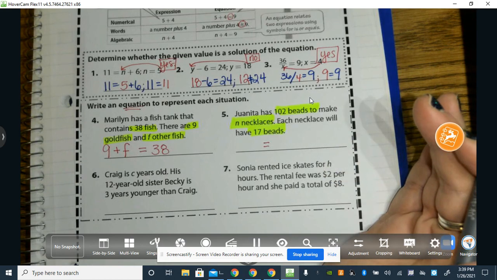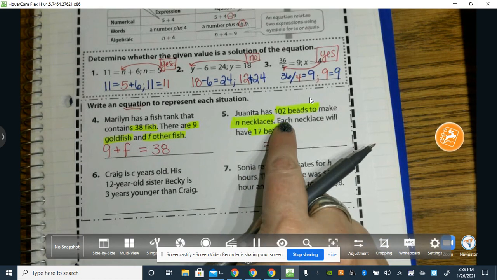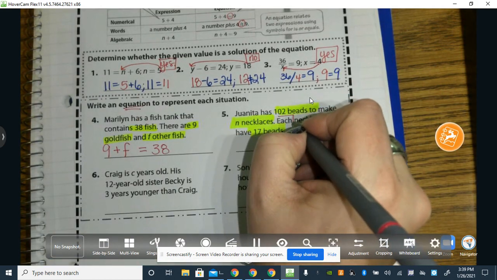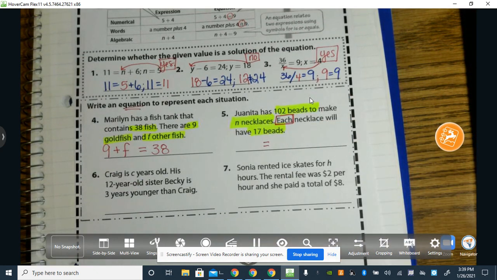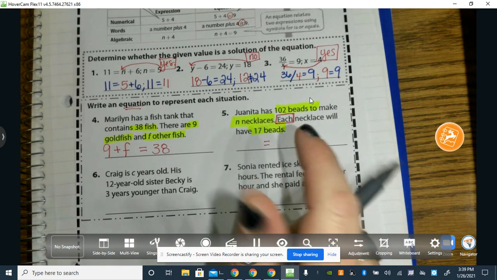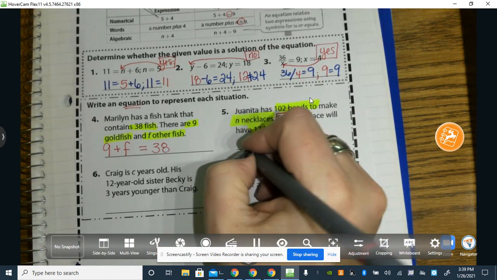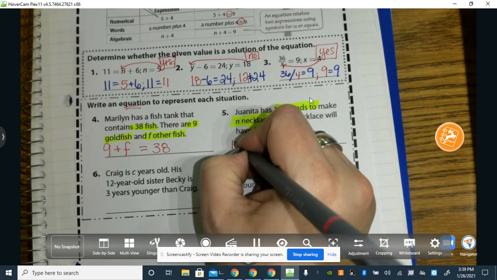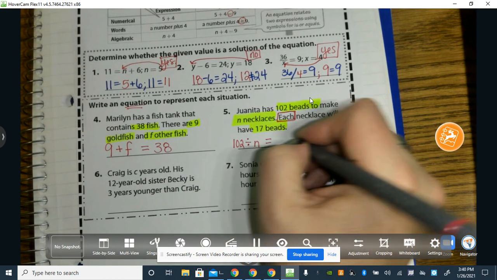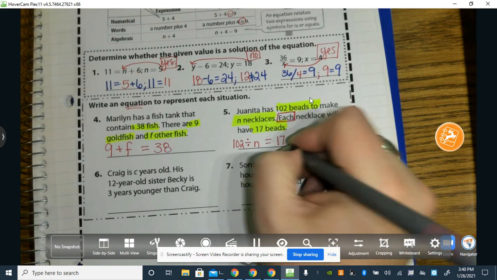I'm going to do this 2 ways because the key word here is each. And if you know this, each means multiplication or division. So I can think of it first as a division problem: 102 divided by n is equal to 17.